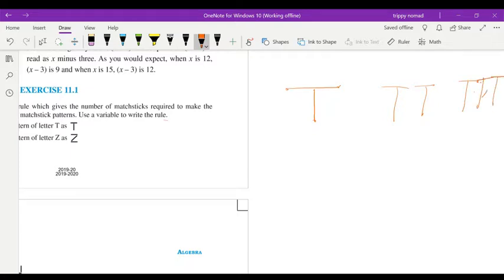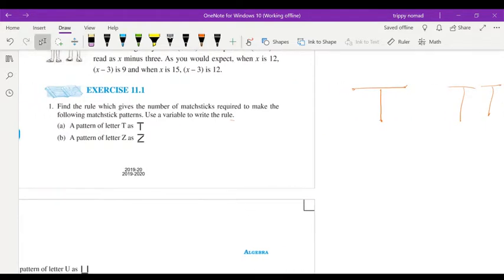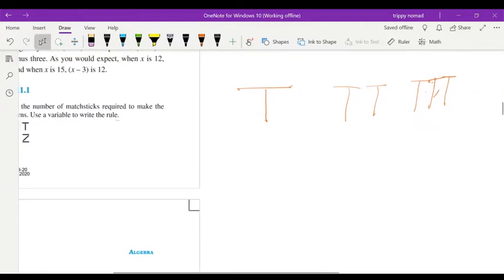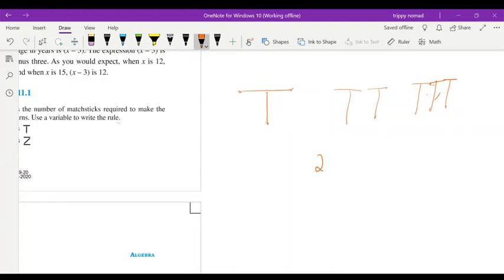So what is the formula for the pattern of the letter T, using a variable to write the rule? 2 into however many T's you want to make, that much number should be multiplied. So the answer will be 2n.